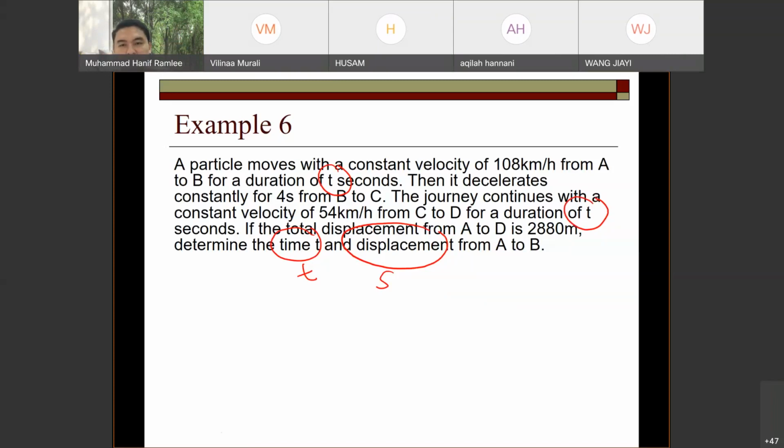Yes, draw the graph. What kind of graph is that? ST, VT, AT? The answer is VT, because the information here is velocity. You cannot draw ST, as there is no information about ST from beginning until end, because the information about space is only the total displacement.